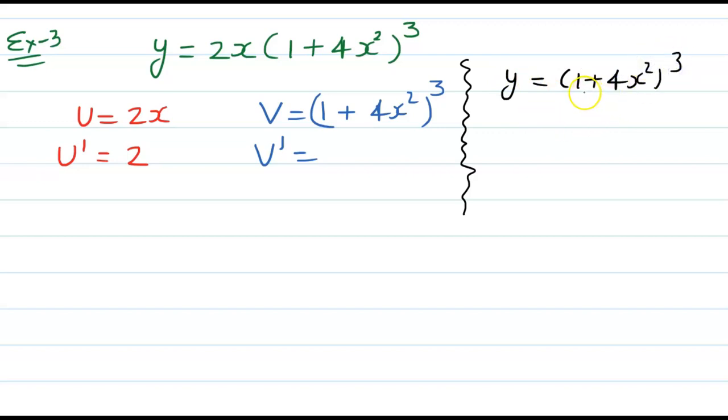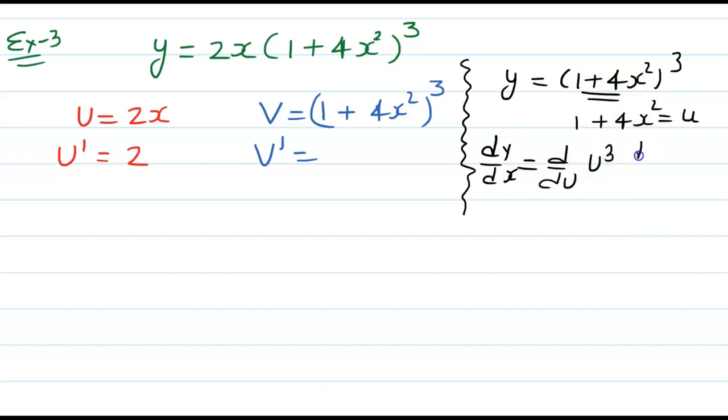So suppose 1 plus 4x squared as u. Once we are doing dy over dx, because it is u cubed, it should be d over du of u to the power 3 and du over dx, right? So d over du of u cubed will be 3u squared, and du over dx, if you differentiate this, the differentiation of 1 will be 0 and it will be 8x.